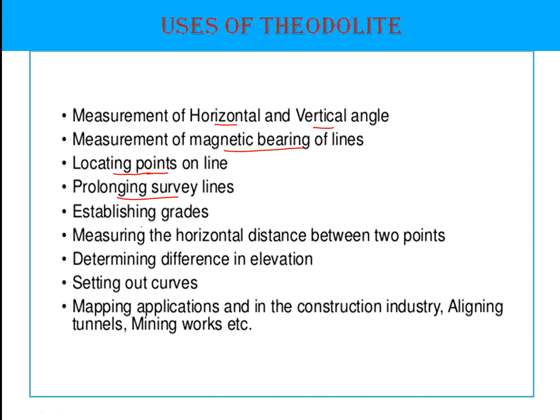Then for establishing grades, for measuring horizontal distances, differences in elevation, setting out of curves and all other surveying activities that we come across, we can use theodolite survey for various measurements.